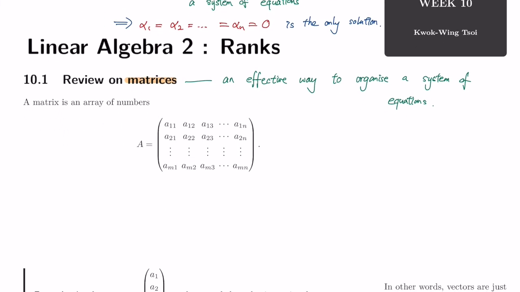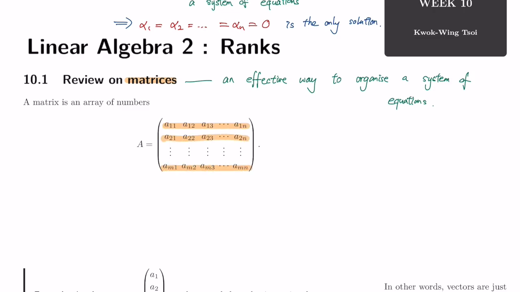So what is a matrix? A matrix basically is a table of numbers. Two important terms are rows and columns of a matrix. Rows means the horizontal array.